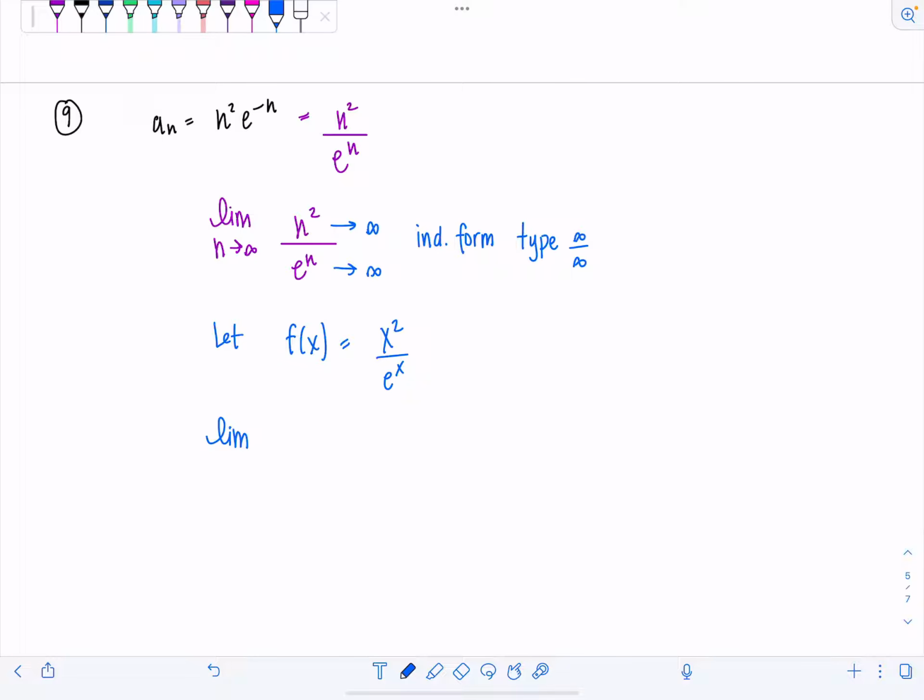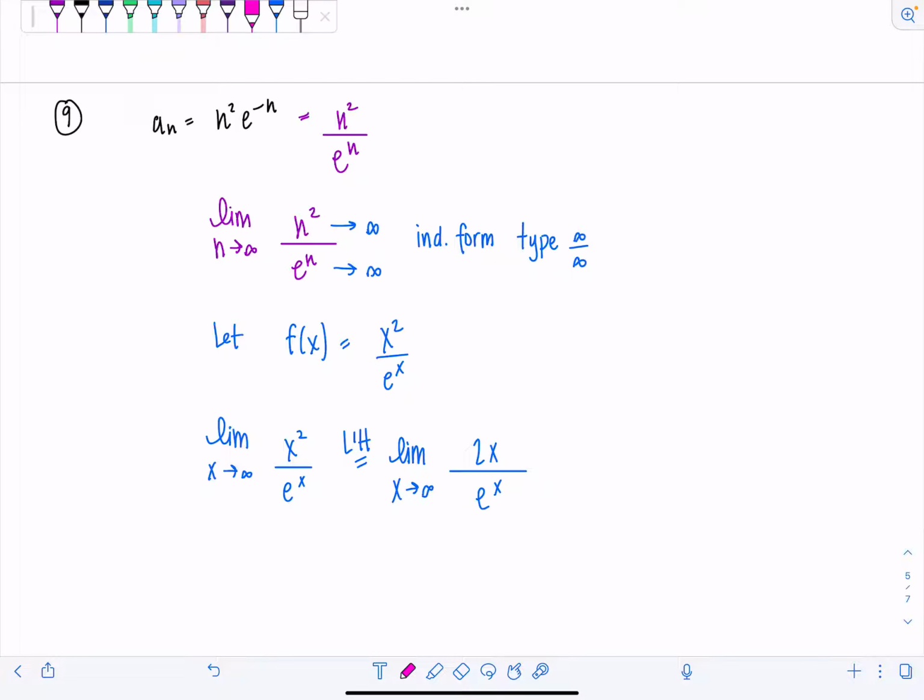So now we're going to consider the limit as x approaches infinity of x squared over e to the x. I already have established that we have an indeterminate form of the type infinity over infinity. So I can apply L'Hopital's rule. And now we have the limit as x approaches infinity. Derivative of x squared is going to be 2x. Derivative of e to the x is still e to the x.